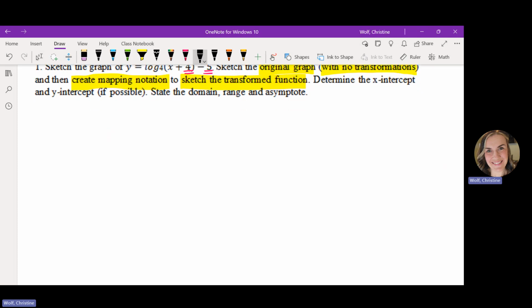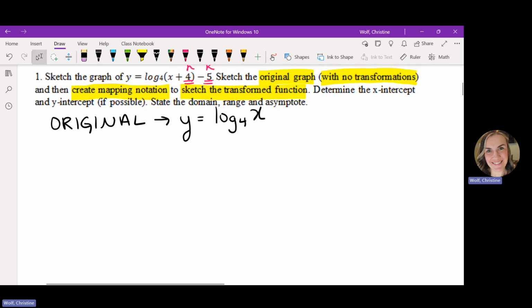So I'm going to start with the original. That's what it asks us to do, so I am sketching just that. You'll notice I took this function and removed the h and k. That's my base log function, with no h and no k anymore.